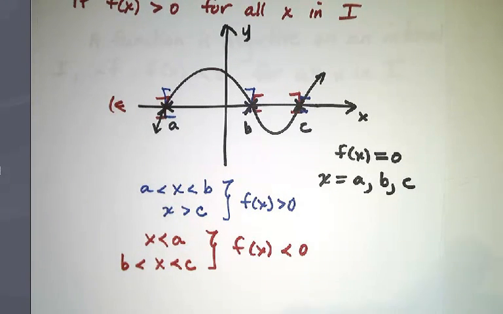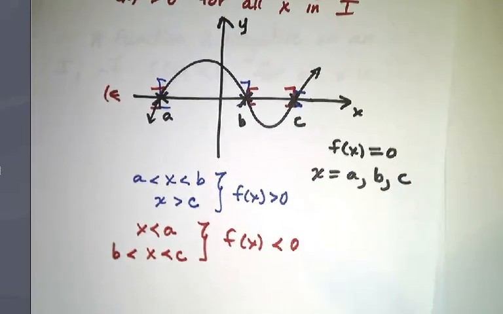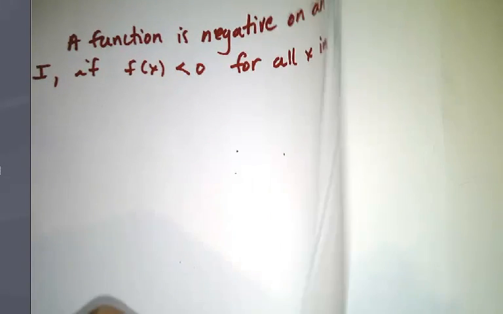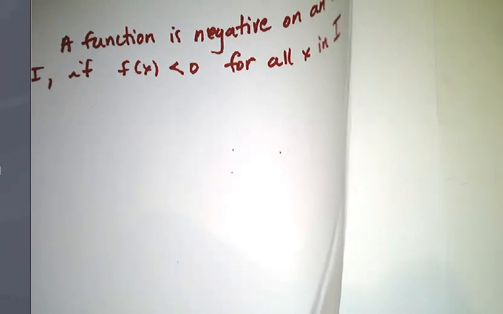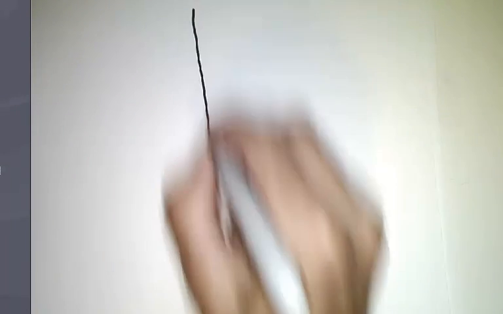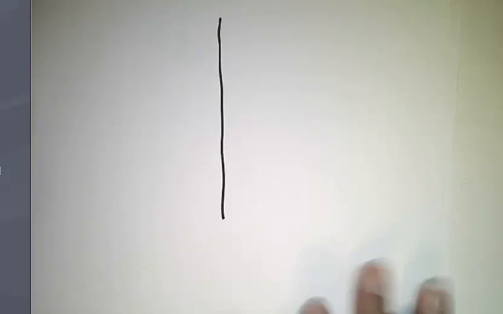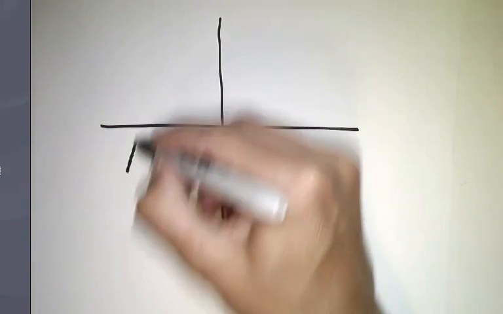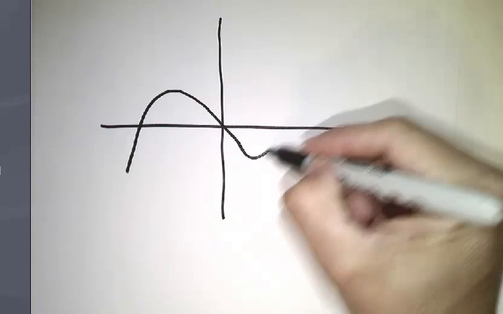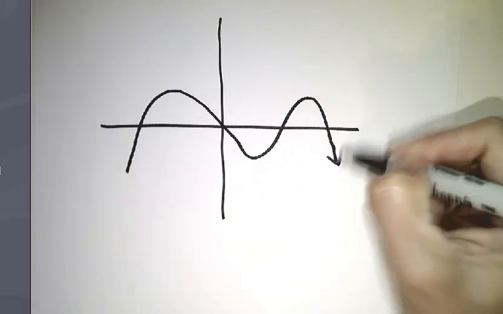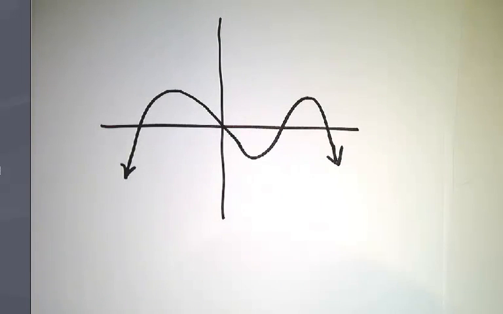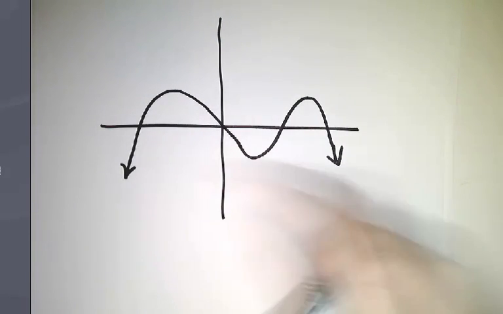So let's test our knowledge one more time. Let me give us another graph, and then we can see if we can answer it together. Let's say I have this graph, and those arrows tell me that I continue on in that behavior out towards infinity, left and right.